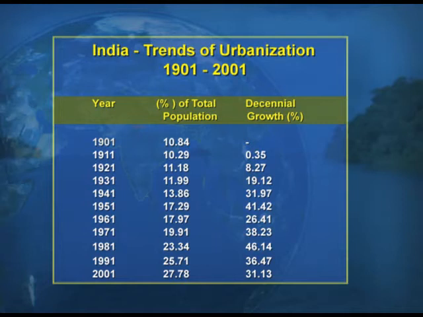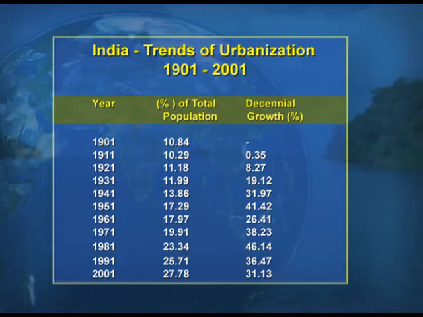Now, look at the screens, children, and you will see the trends of urbanization from 1901 to 2001. There are two columns besides the census years. If you look at the table, the first column tells you about the percentage of the total population, and the second column tells you about the growth of the population in that particular census year.